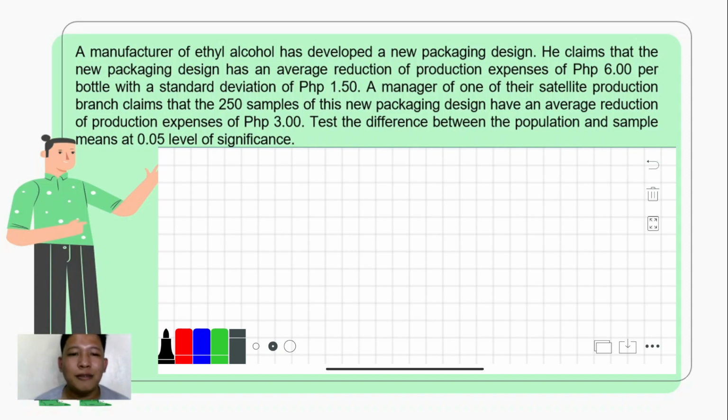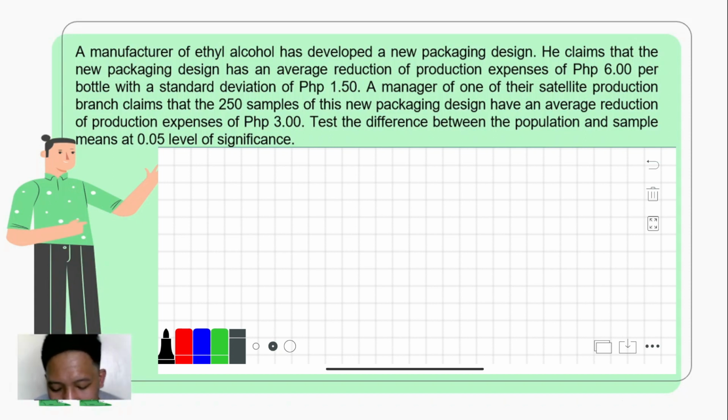A manager of one of their satellite production branches claims that the 250 samples of this new packaging design have an average reduction of production expenses of 3 pesos. Test the difference between the population and sample means at 0.05 level of significance.